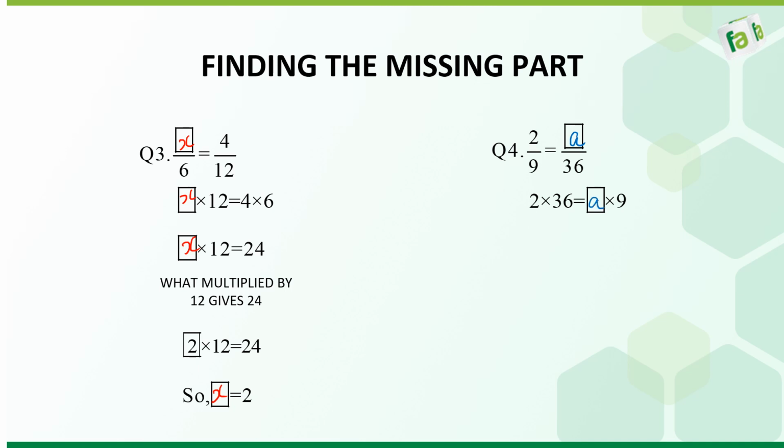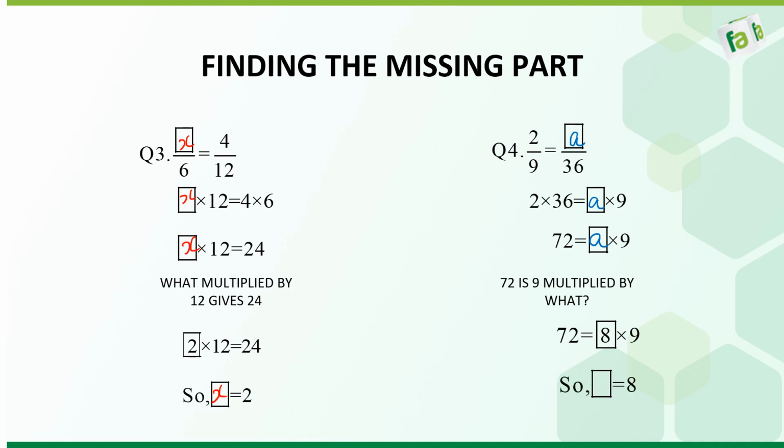By further solving it, 72 is equal to a into 9. Now, what multiplied by 9 gives 72? 72 is equal to 8 multiplied by 9. So, a is equal to 8 here.